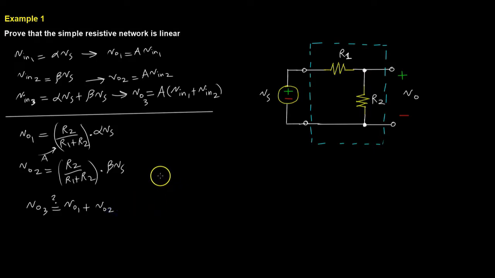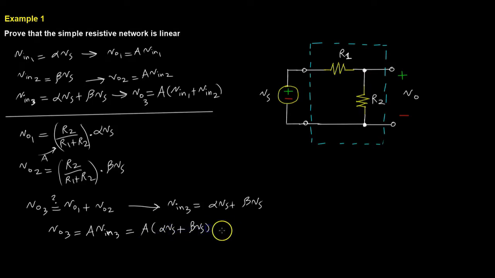To find that, we would apply Vn3, which is simply alpha Vs plus beta Vs, to the system. So we know that's going to be the form of Vn3, and let me just continue to write everything out: alpha Vs plus beta Vs. We know what our system factor is.